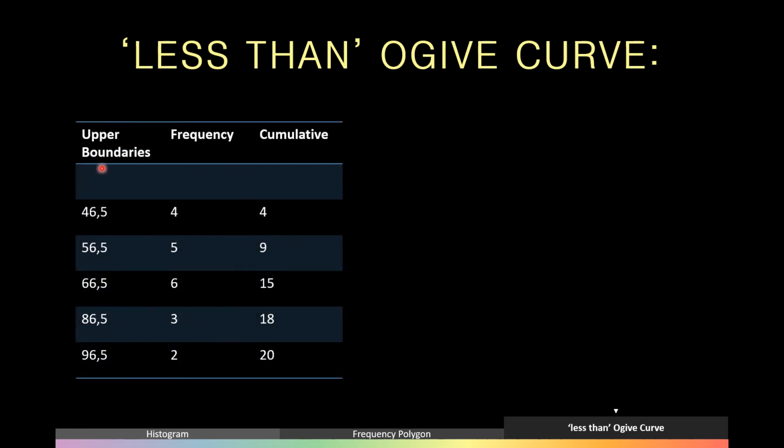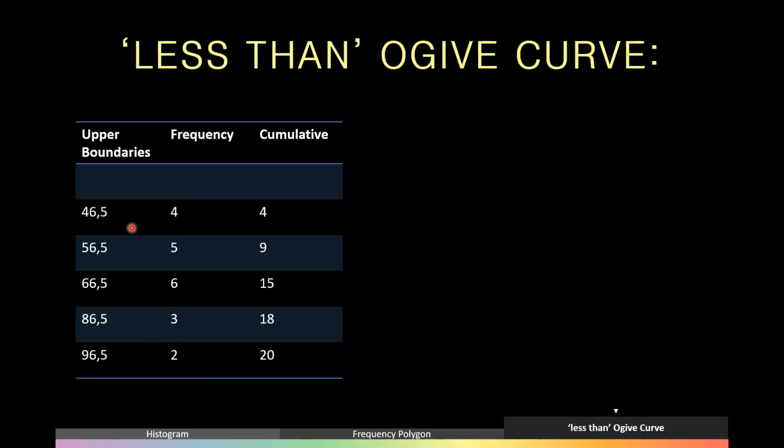Okay, so we've introduced another row, so that means we're going to introduce an additional upper boundary and an additional cumulative frequency. So I've left the frequency column there, however, we do not need it. For a less than ogive curve, we're only interested in the upper boundaries and the cumulative frequencies. So we're going to do the exact same thing. We're going to identify the difference between any two consecutive upper boundaries, obviously the absolute value of that because we want a positive number.